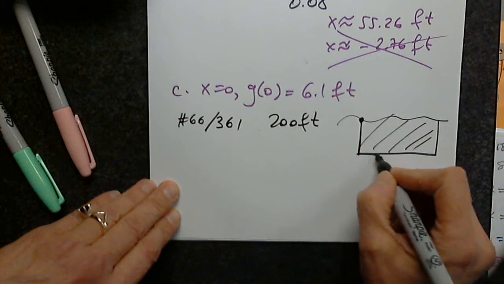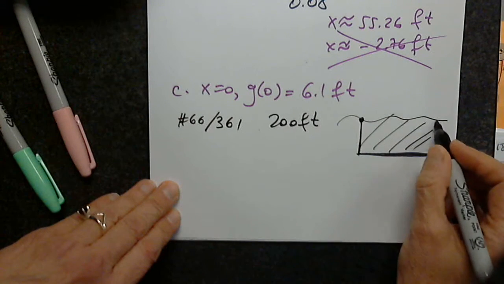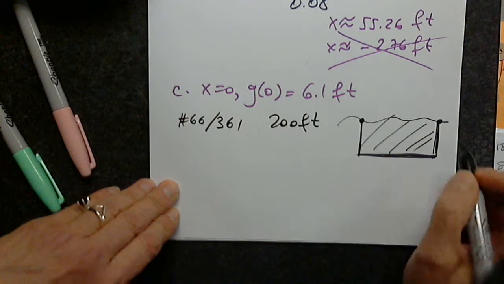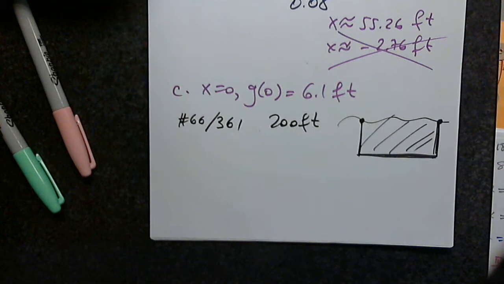So you will start here, go all around and stop here. Because the problem says we don't need to fence the side along the river. If you do not fence the side along the river, find the length and width of the plot, and here's the key, that will maximize the area.